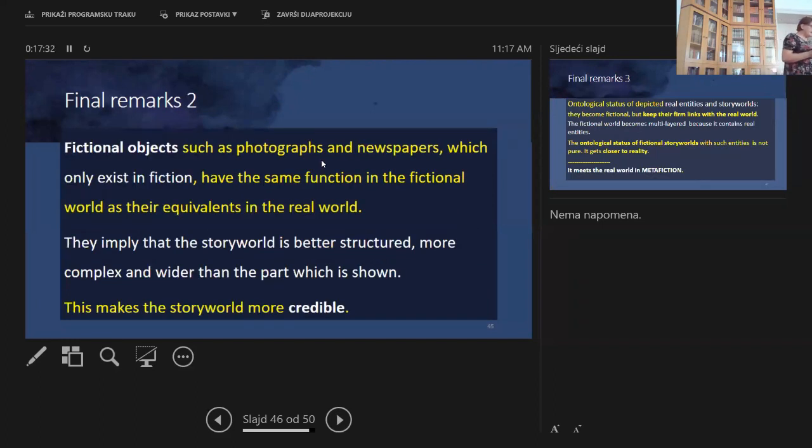Fictional objects, which only exist in fiction, keep the same function in the fictional world, as I've already mentioned, as the equivalents in the real. They imply that the story world is better structured, more complex, and wider than the part which is shown. This makes the story world more credible.